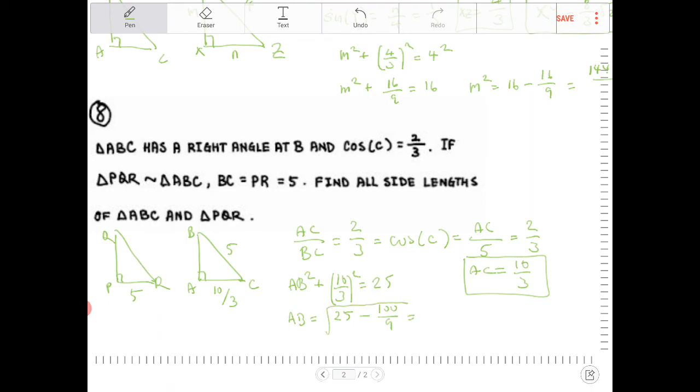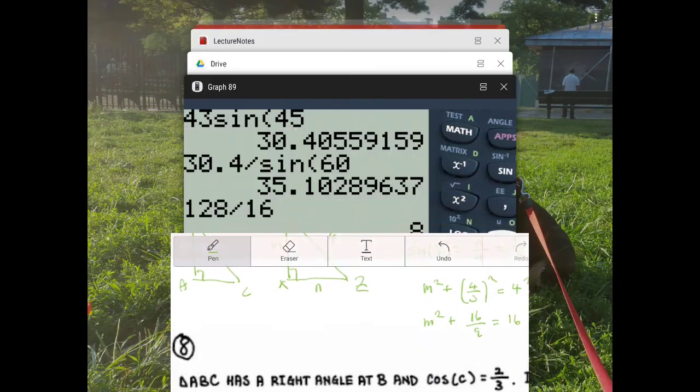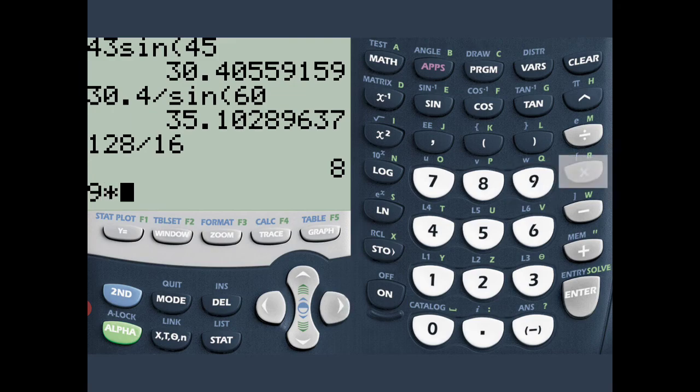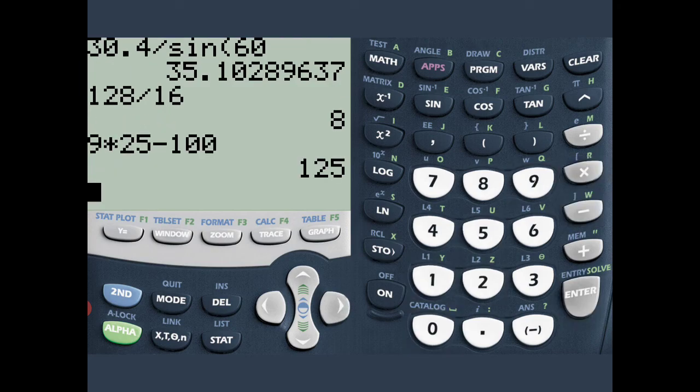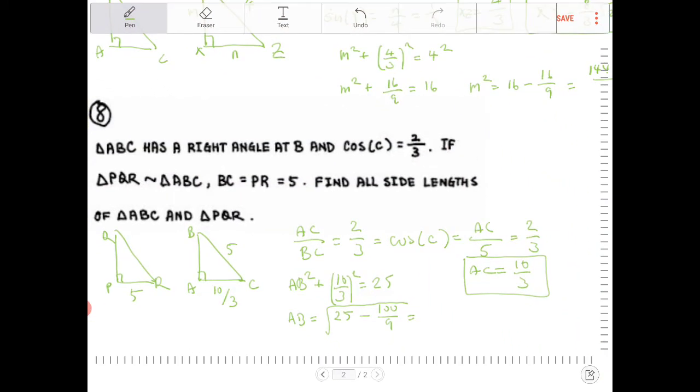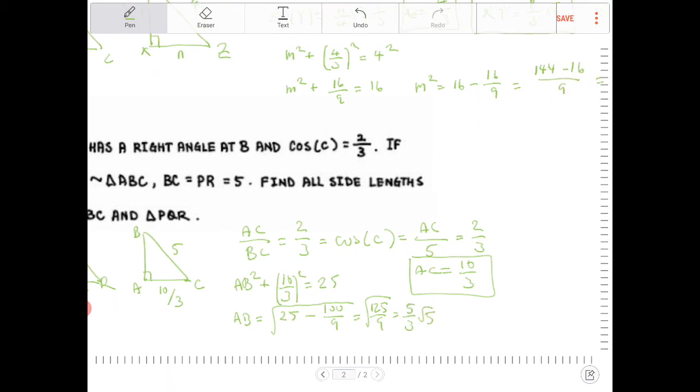So what would that be? That would be 9 times 25 minus 100, 125 over 9. So that's the square root of 125 over 9, which is equivalent to 5/3 radical 5. So AB is 5/3 radical 5.